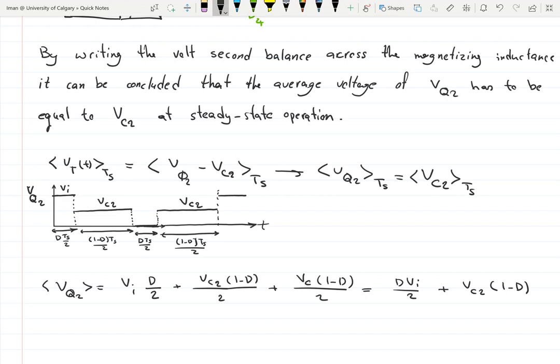And then the average of VC2 is equal to the capital VC2, which is the voltage across the capacitor.